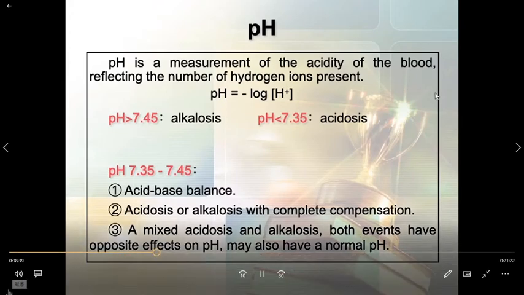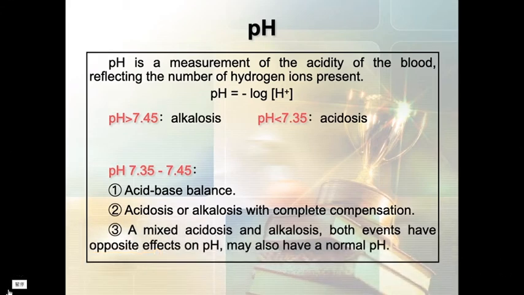And now let's start to discuss all the parameters related to acid and base balance and imbalance. pH level is a measurement of the acidity of the blood, reflecting the number of hydrogen ions present. When pH is above 7.45, we call it alkalosis.